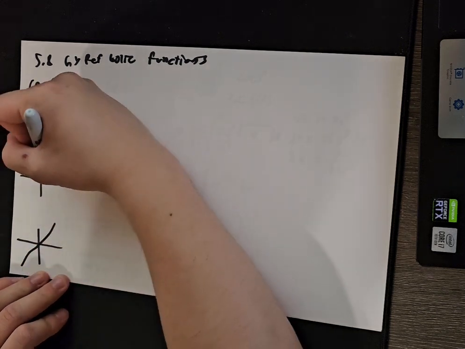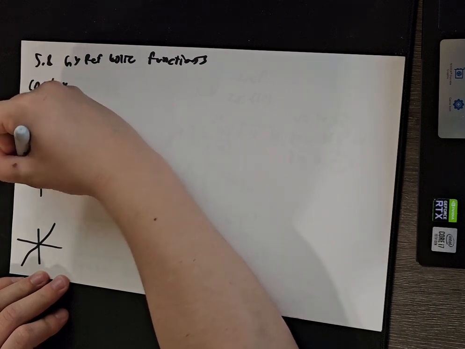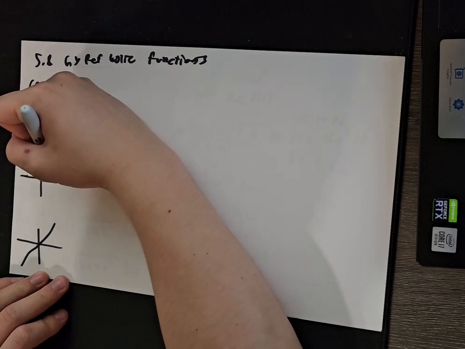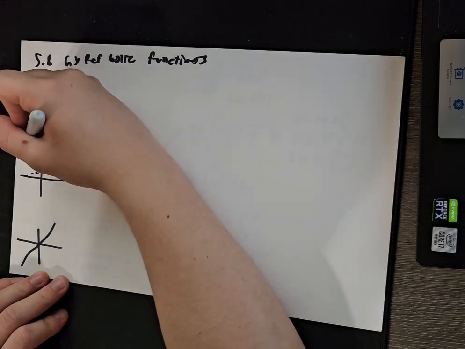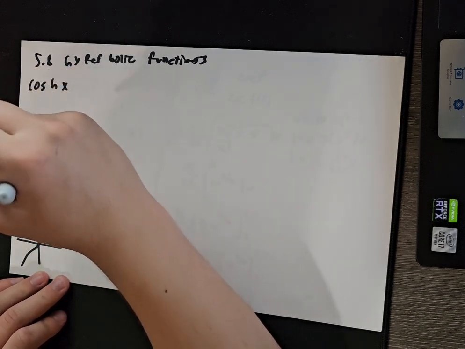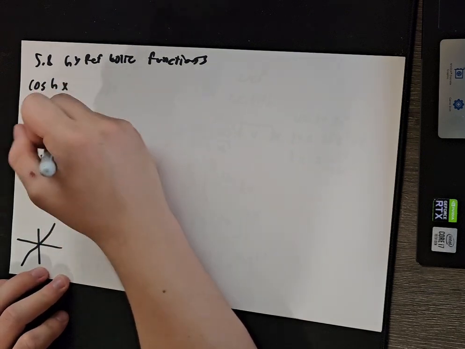Now, if you graph e to the x and e to the negative x, you'll get this, right? Essentially, cosine h is always in between these two functions.